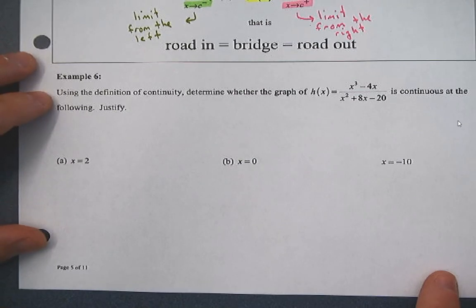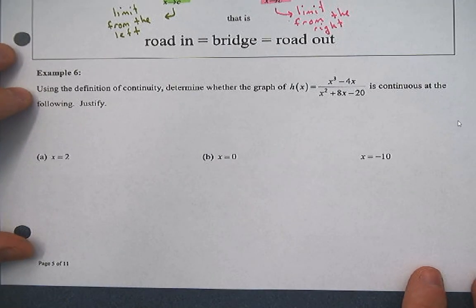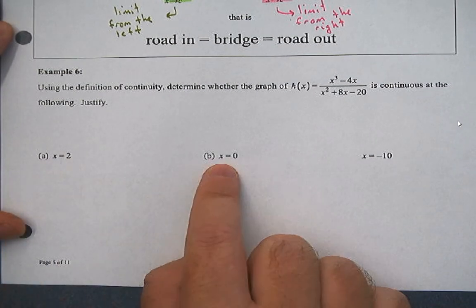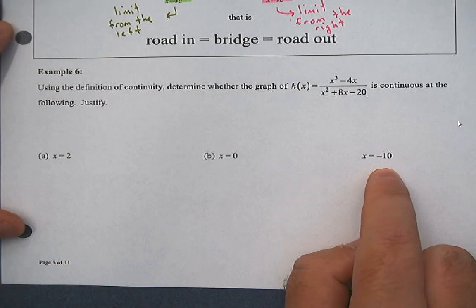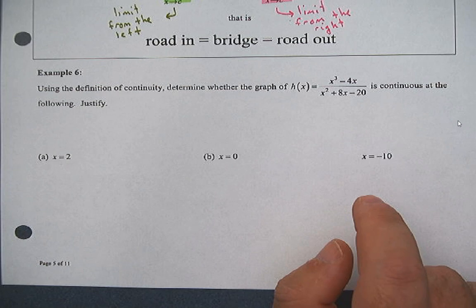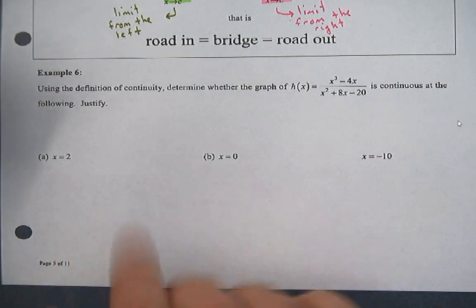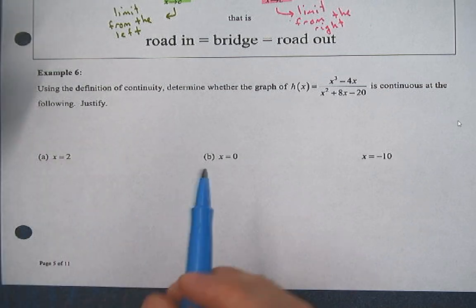So, using our definition of continuity, determine whether the graph of blah, blah, blah is continuous at the following points: x equals 2, x equals 0, and x equals negative 10. So what I'd like to do first is organize, what does it mean? What is this definition of continuity? What are the things that I have to show? What are the things that I have to prove?